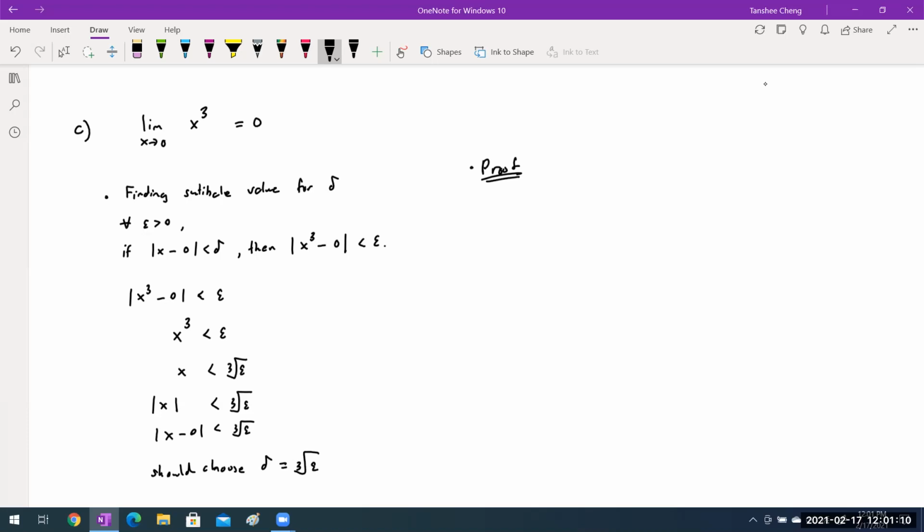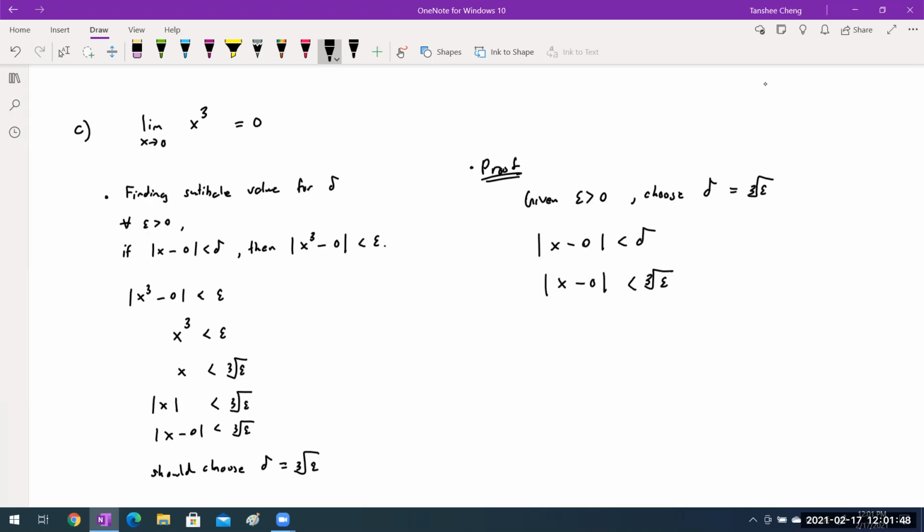So in here we can choose this now, saying that given epsilon greater than 0, we choose delta to be the cube root of epsilon. Starting with the condition part, the absolute value of x minus 0 is less than delta. So I can simply say that the absolute value of x minus 0 is less than the cube root of epsilon.